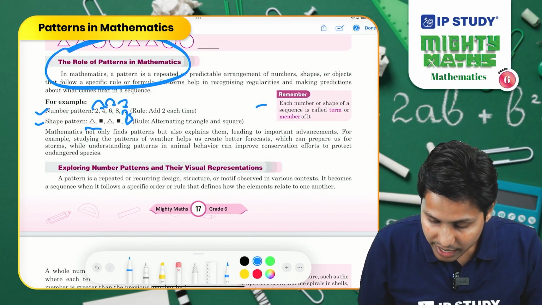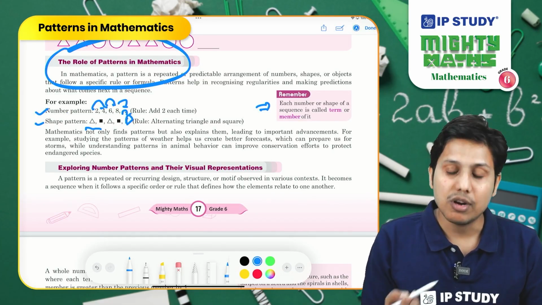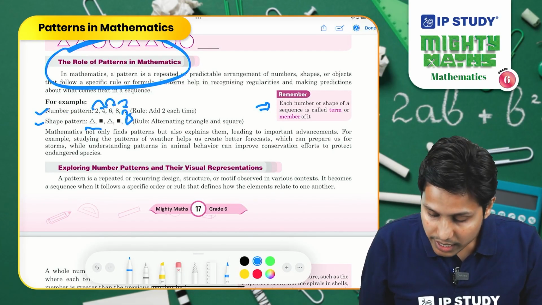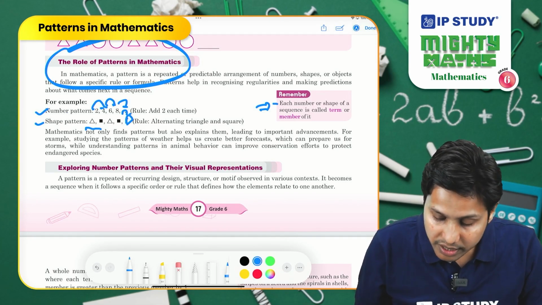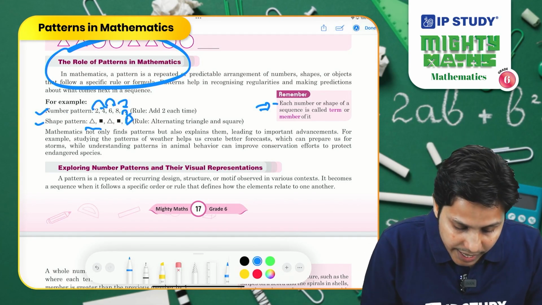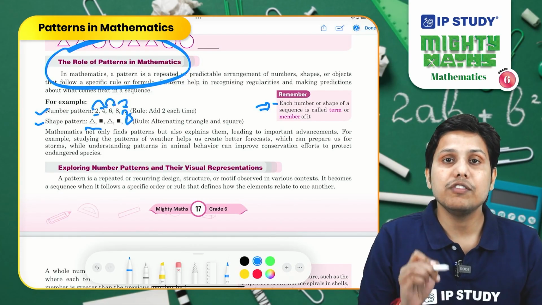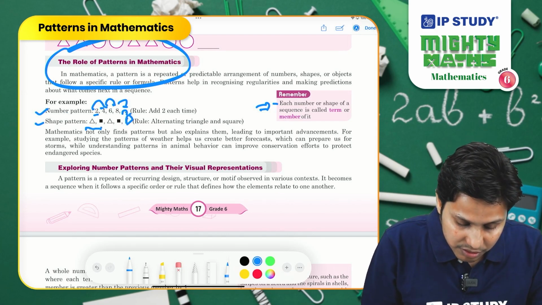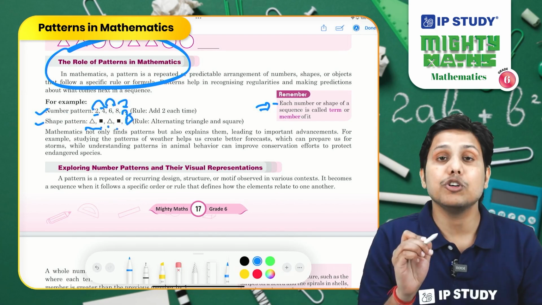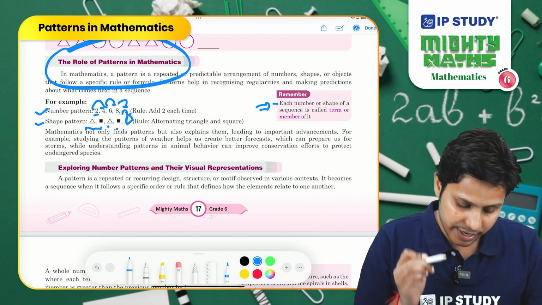Now here we have a definition of member or a term of a sequence or a pattern. What is it? It is each number or a shape of a sequence is called term or member of it. For example, here we have 2, 4, 6, 8. All of these are members of the number pattern. Similarly, this triangle, this square, this triangle, this square is also a member of the shape pattern given here.